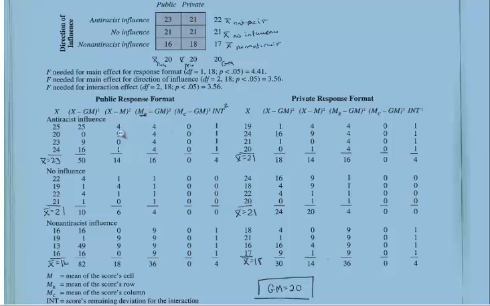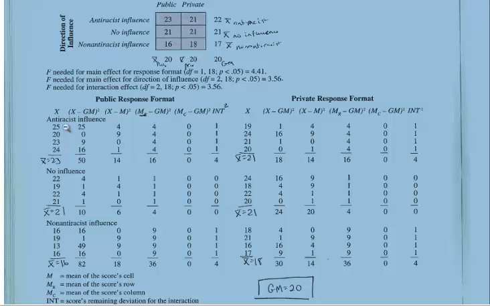That is going to be everybody in these two groups. So we're going to have to get the average for the anti-racist group. To get that average for this row, we sum up all of our scores for the anti-racist group in both public and private response formats.